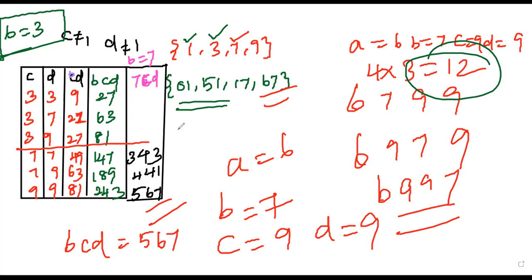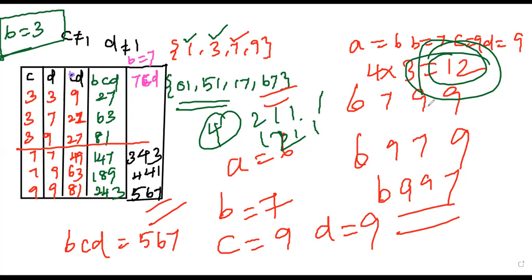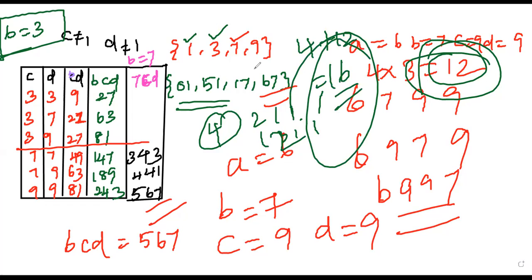And already you do have those 4 options. Remember the 2, 1, 1, 1, 1, 2, 1, 1, like that. You had 4 options. So 4 plus 12 will give you the answer as 16. So that's your result for the option D.